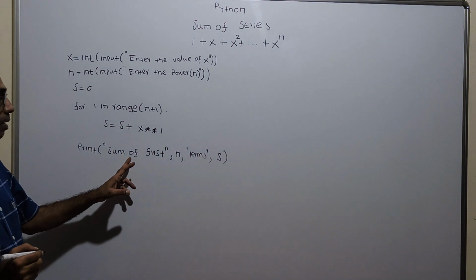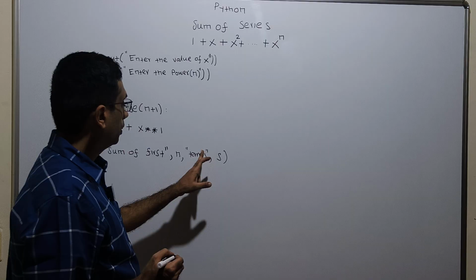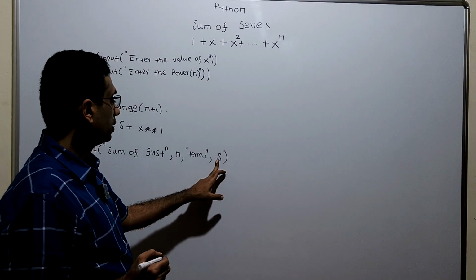So it will display sum of first n terms followed by the value of s. So this is my output.